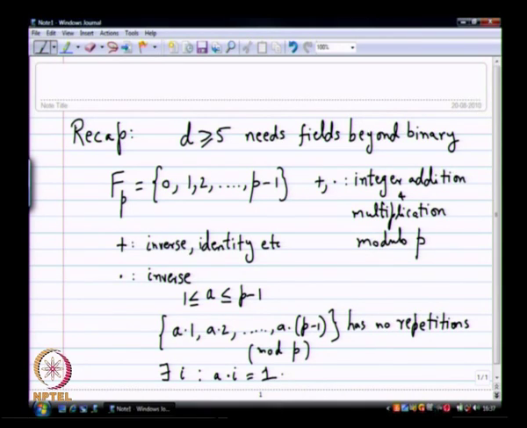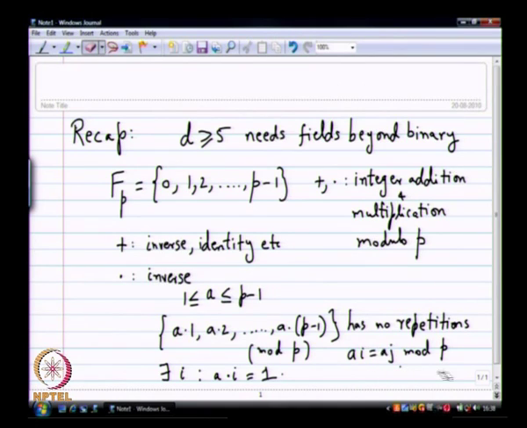Why can there not be repetitions? For instance, if ai equals aj mod p, then p divides a times (i minus j). That cannot happen. I know it's a quick and dirty argument.